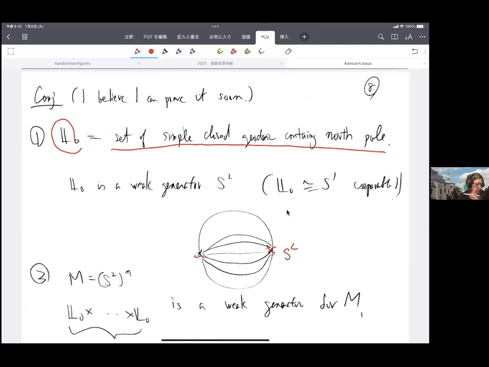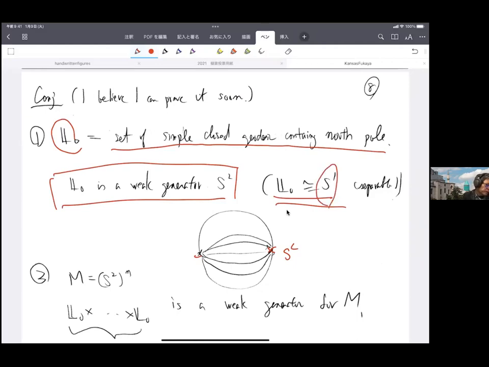You consider the round equator S1, but you consider the whole family of equators containing the north pole, an S1-family. We consider all these S1 as generators. Then the statement is that this set, which is infinite but not so bad, just S1 many, is a generator even over Λ0.